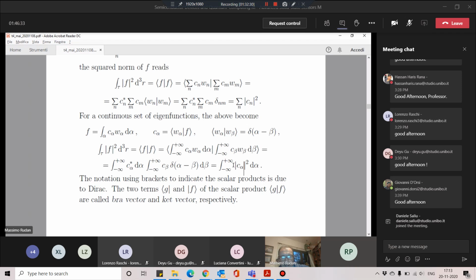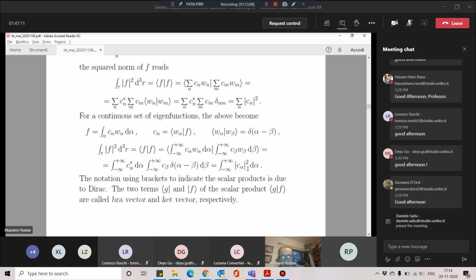And that shows that the norm of the function is equal to the norm of the coefficients of the expansion. There is exact symmetry in this, okay? This is something that you may have heard in Fourier analysis, that the norm of the function is equal to the norm of the transform.